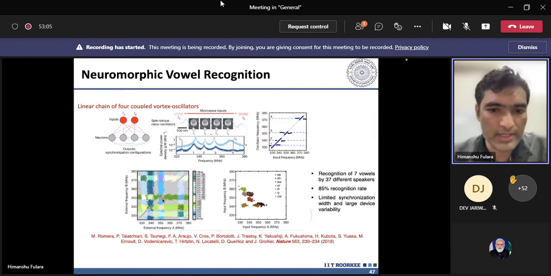For example, this green color, 1A and 4B, means that oscillator 1 is injection locked to frequency FA, and oscillator 4 is injection locked to frequency FB. So there can be multiple permutations and combinations of how these individual oscillators can lock with these frequencies.